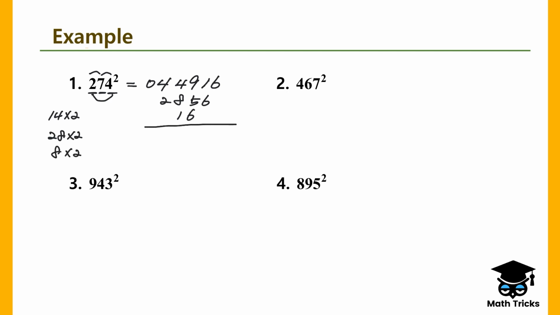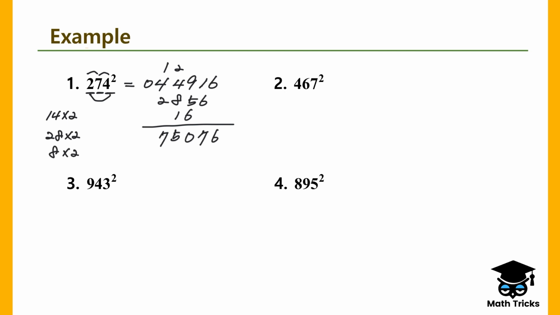So the answer is 6, 7. Here we have 11, 20, right? 20. So 2, 4, 8, that's 15. 1, 4, 2, that's 7. So the answer must be 75076.